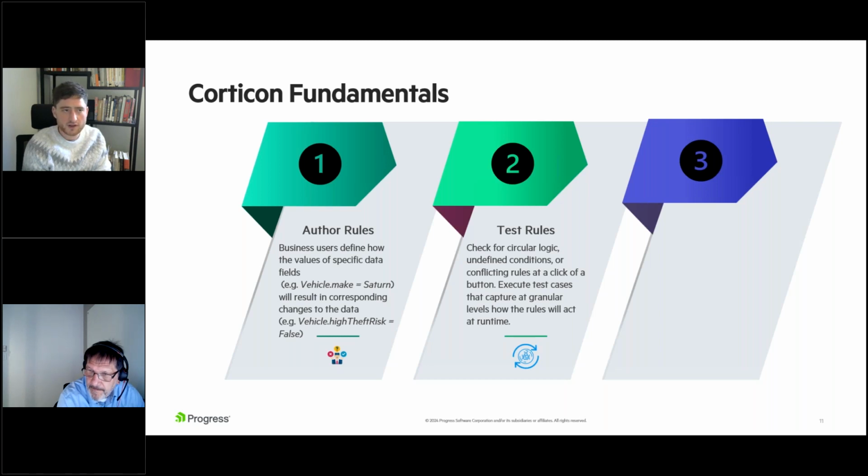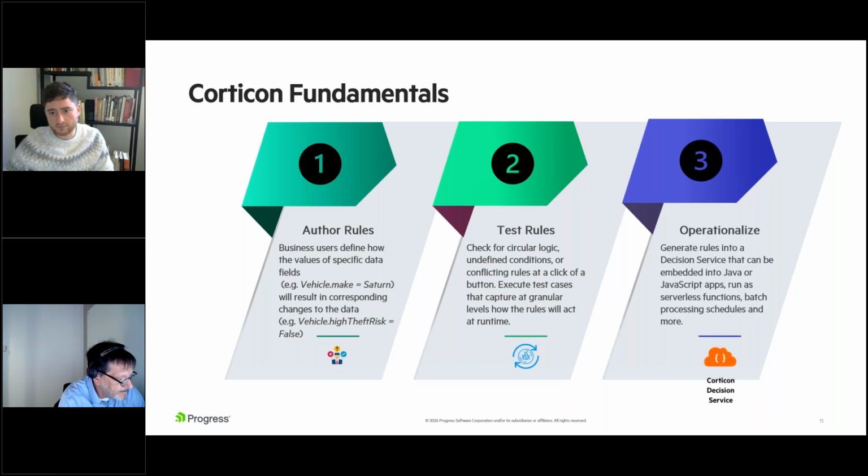And so with Corticon, we're really going to do everything to ensure that as early as possible in the creation of these rules, we're identifying any potential logical inconsistency that's being produced from them, so that when we're ultimately ready to generate these rules into code and operationalize them into either a Java web service exposed as a web service on a Java application server, or just running Corticon as a self-contained JavaScript bundle, say directly within MarkLogic as a JavaScript function, we're able to have a clear distinction between how the rules are written and the runtime code, while also ensuring that the runtime code is entirely self-documenting.